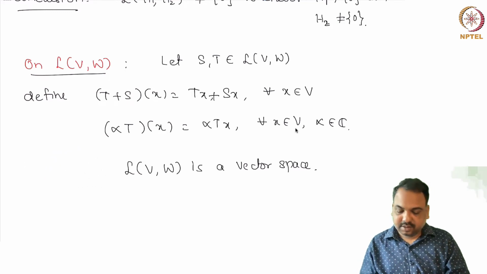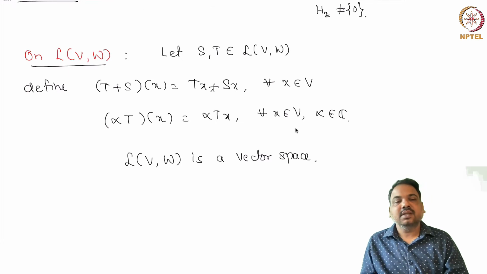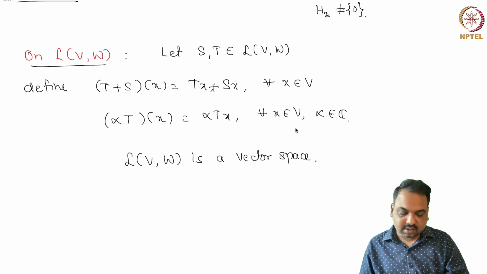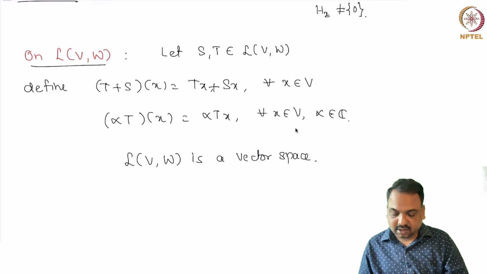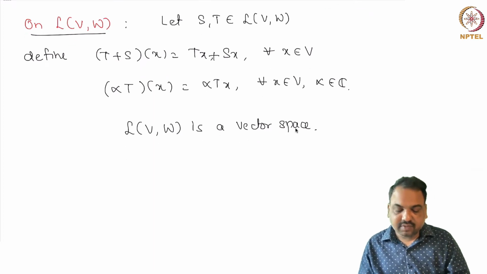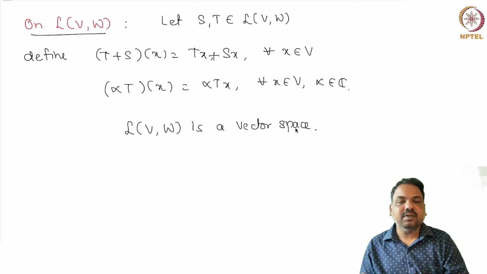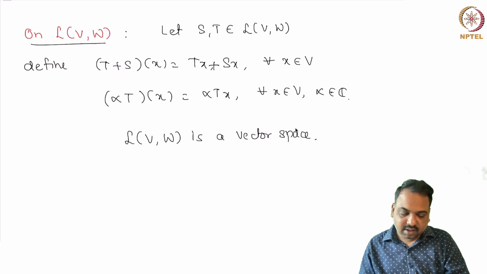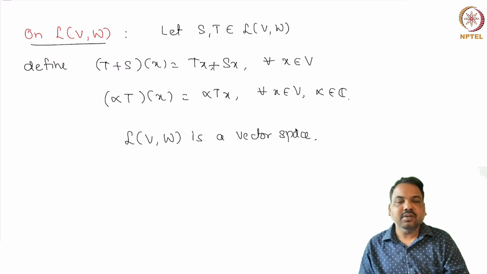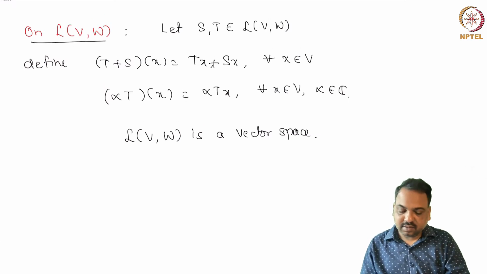Okay. Now apart from this vector space structure, whether L(V, W) has another structure. So the obvious thing we can think about is a multiplication of two operators, but we cannot define multiplication of two operators when S and T come from L(V, W).